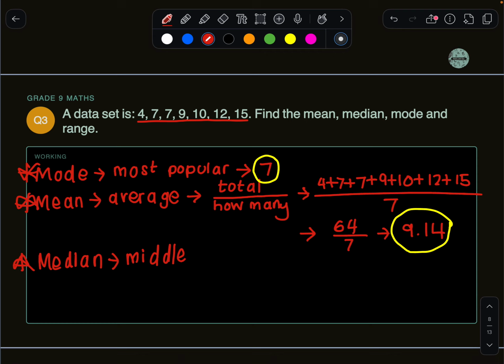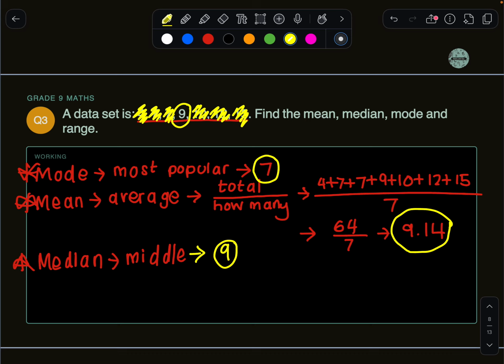I like, if the numbers are ordered like this, so it goes from smallest to biggest, I just kind of cross out to find the middle number. So I would go like this. I cross out the beginning number, so I cross out the 4, cross out the 15, cross out the 7, cross out the 12. So you just go back and forth like this until you have one last number or two last numbers. So this one, the middle number is 9. So that is my median.